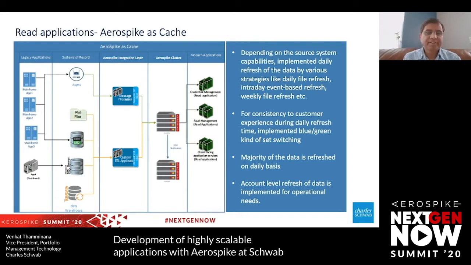On a given day, one set would be active, and we'll be loading the data into the inactive sets. When the data load is complete, we'll switch the sets. Active will become inactive, and inactive will become active. That way, the customer experience is always consistent, and all the transaction processing is applied on the right data set. So that's on the read applications.